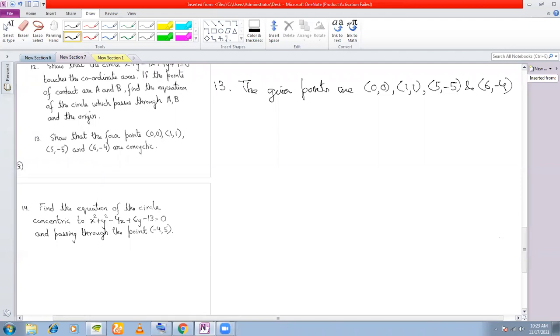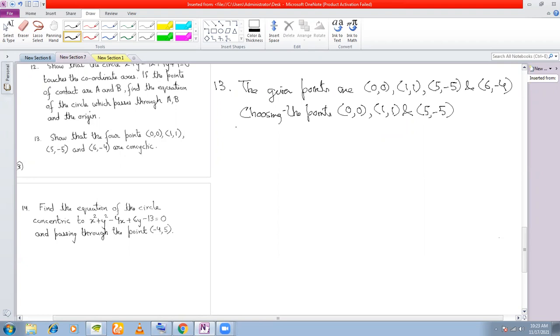I have chosen the points origin, obviously, because it has zeros, 1 1, because obviously 1 1 is a lower number, which will reduce my calculation later, and 5 minus 5.